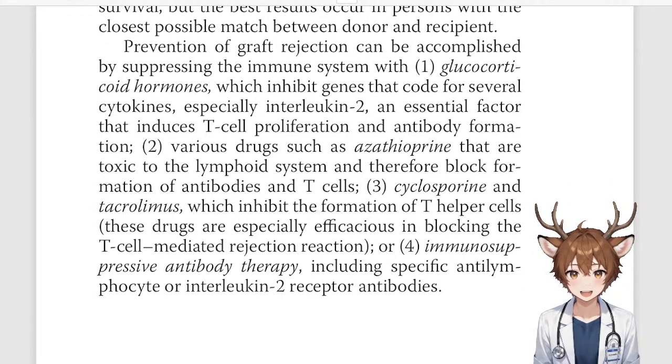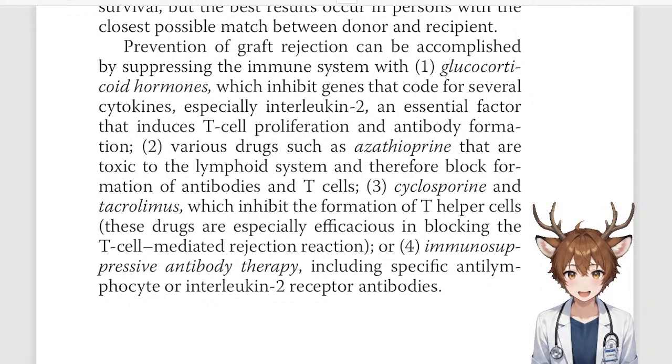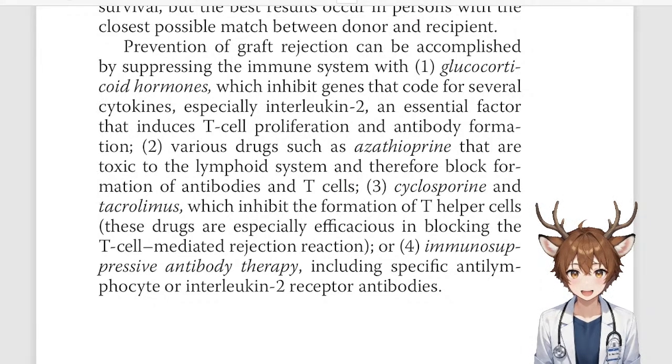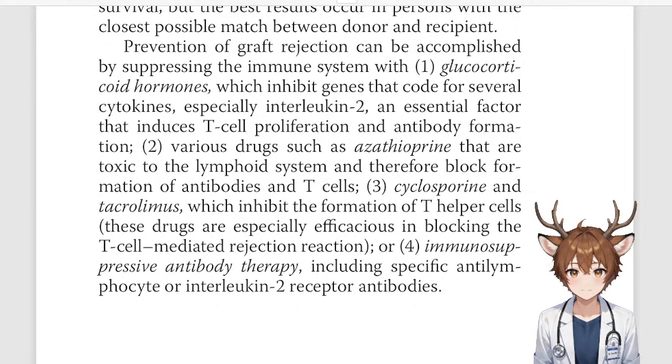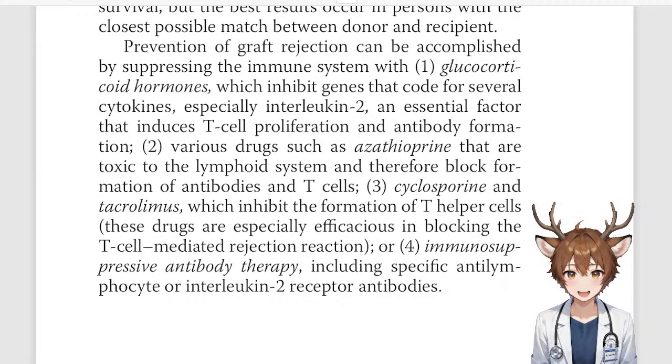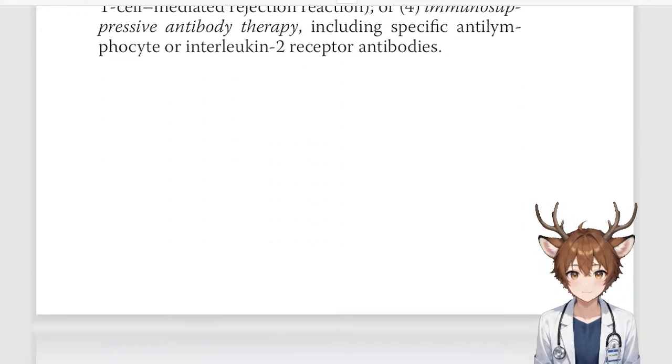Cyclosporin and tacrolimus, which inhibit the formation of T helper cells. These drugs are especially efficacious in blocking the T cell-mediated rejection reaction. Or 4. Immunosuppressive antibody therapy, including specific anti-lymphocyte or interleukin-2 receptor antibodies.